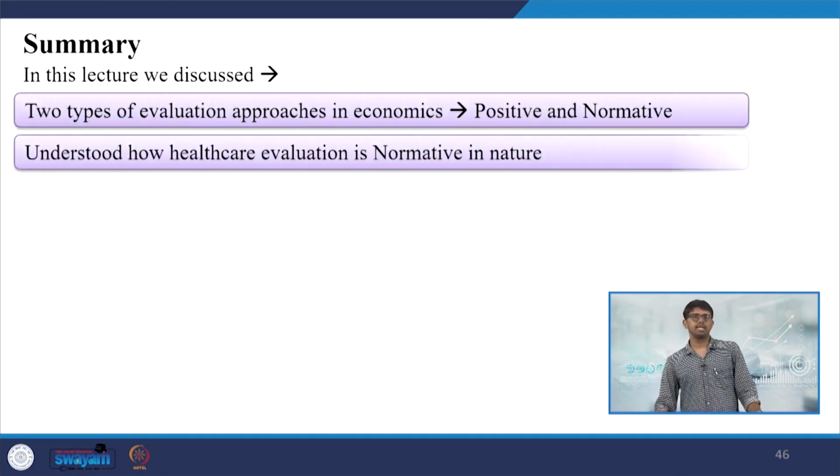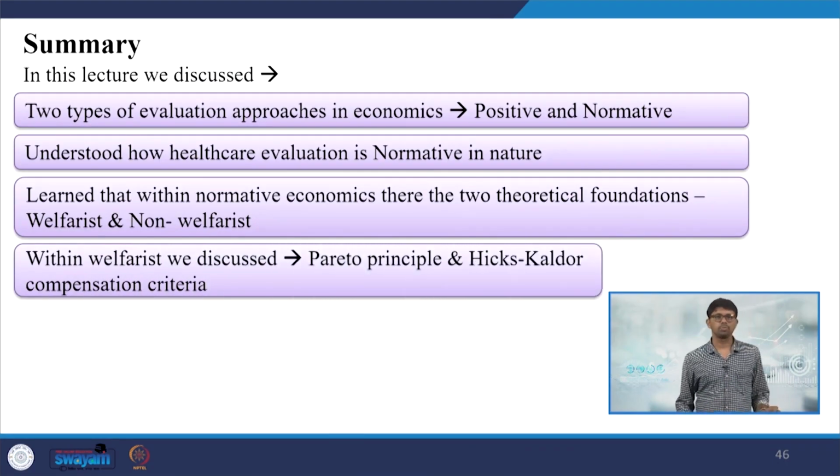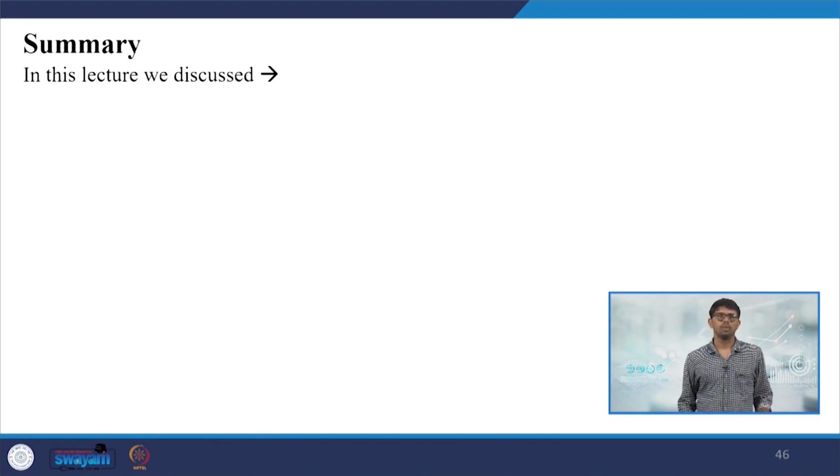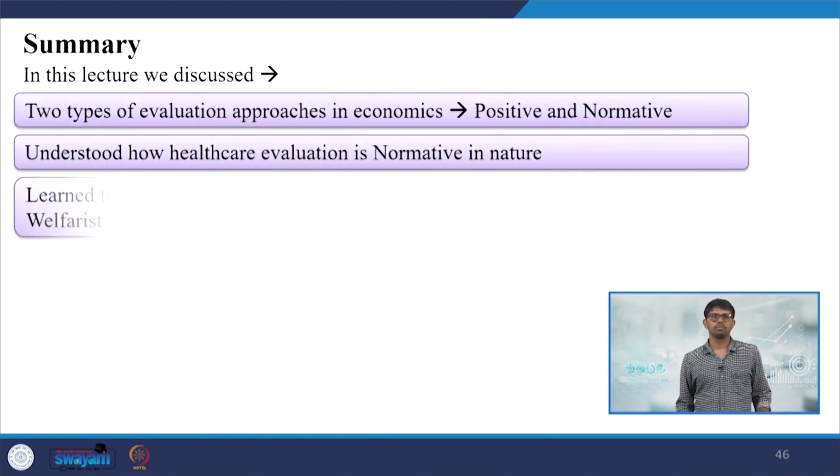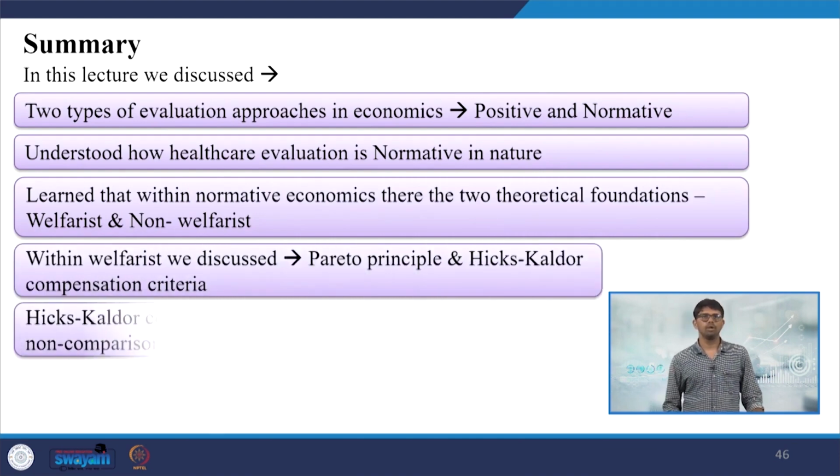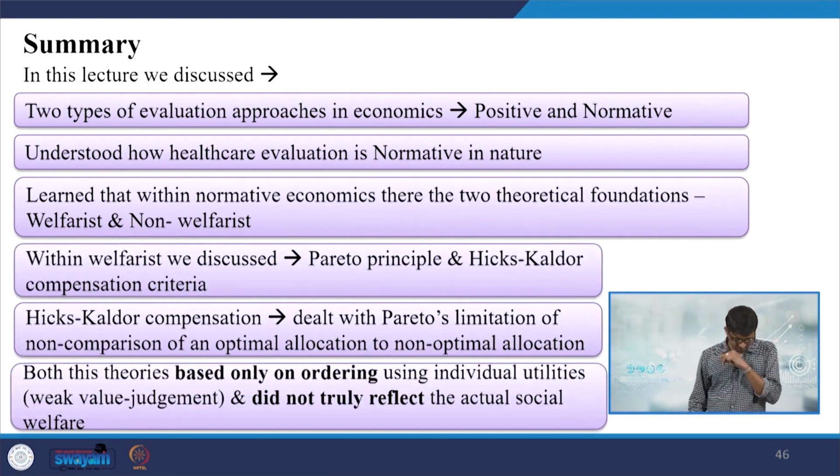Hence, in this lecture we discussed two types of evaluation approaches in economics, positive and normative, we understood how healthcare evaluation is normative in nature, and also within the normative economics there are two theoretical foundations. One is called welfarist and non-welfarist. So far we have been discussing welfarist approaches of the normative economic discussions.